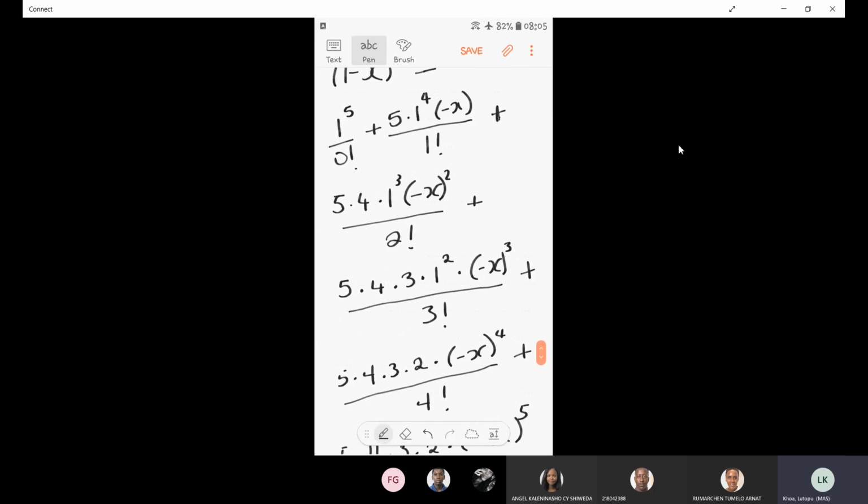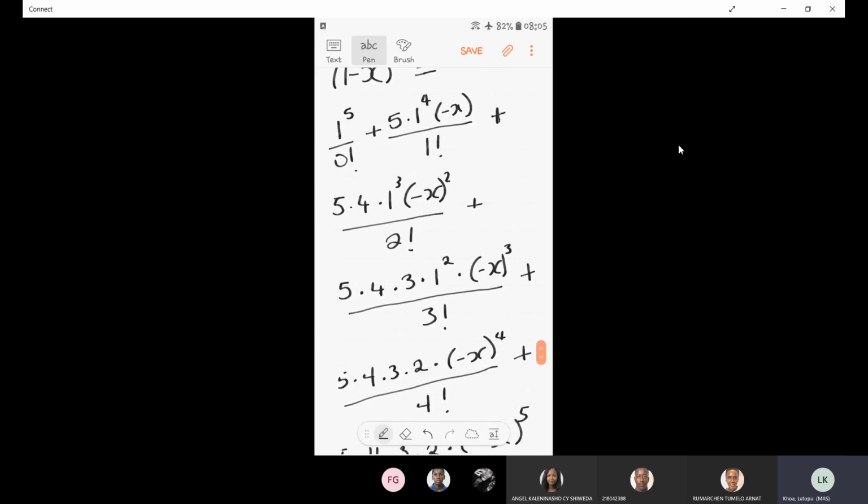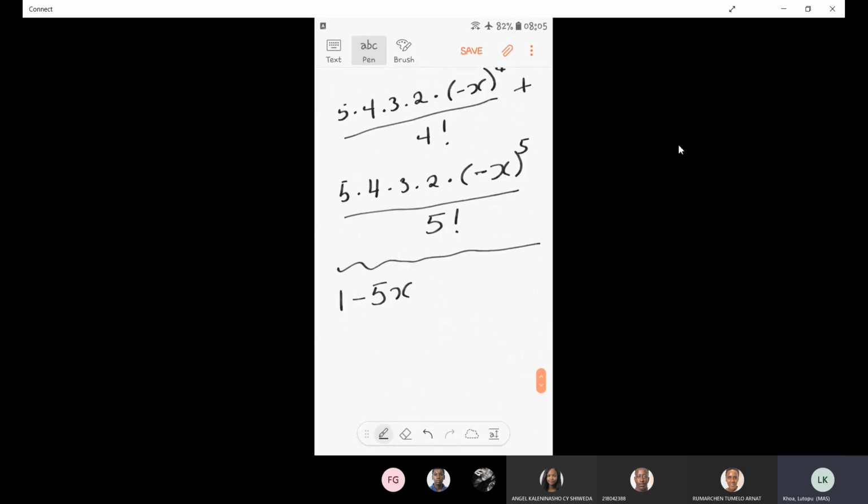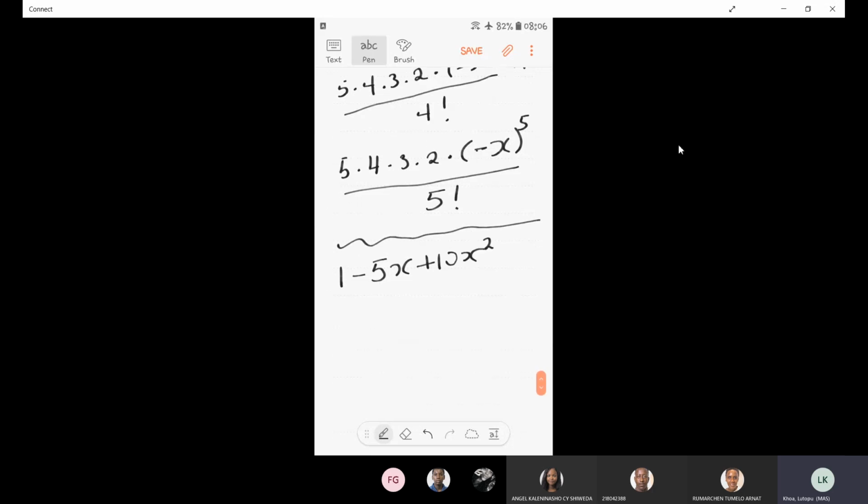Then the third term, I have 5 times 4 times 1 divided by 2, that is just 10, and then minus x squared is x squared. So this one is positive, so I have plus 10x squared.